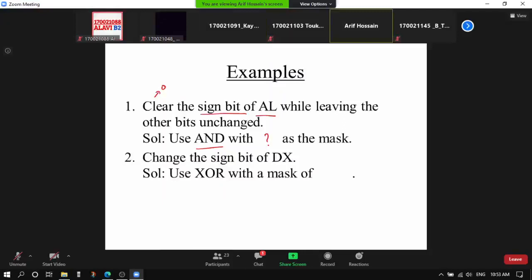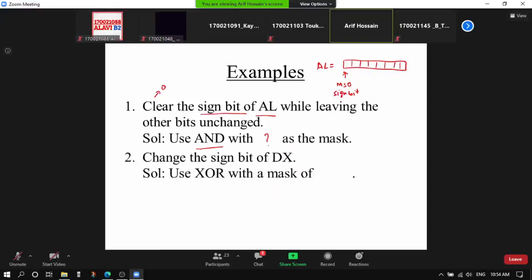So you see, we need to clear the sign bit of AL. If you remember, your AL is 8 bit, right? So there will be total 8 bits. So 1, 2, 3, 4, 5, 6, 7, and 8. So what you need to do, this is your sign bit, right? Your MSB. So you need to make sure that this one will be 0 while the other bits will remain as is.